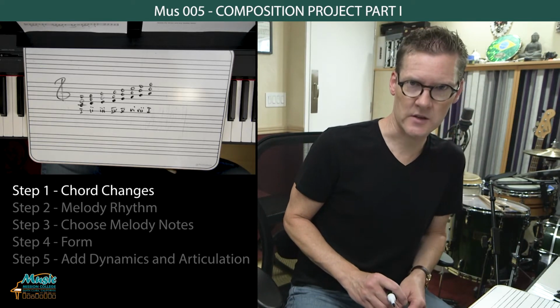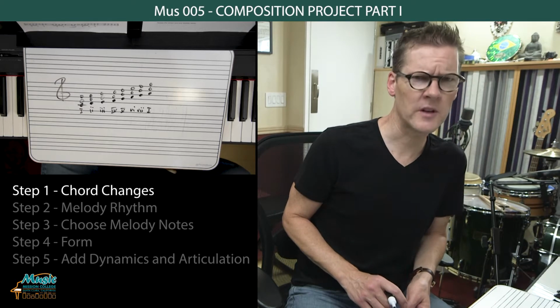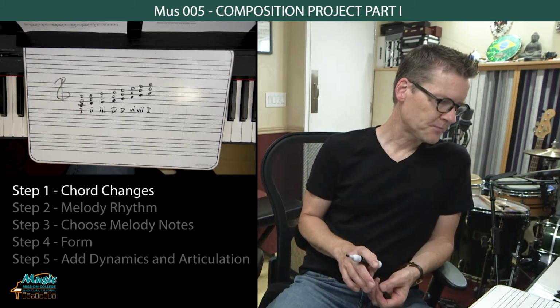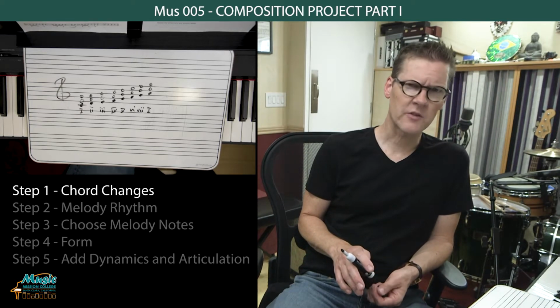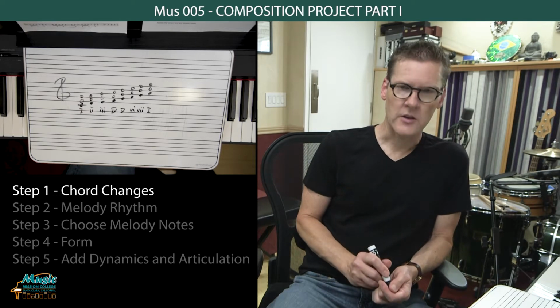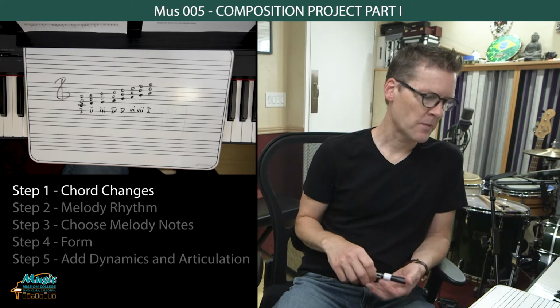Now, you might notice that some of these are written as uppercase Roman numerals and some as lowercase Roman numerals, and that's because each one of these chords is a different chord type. In our discussion of harmony, we have discussed 4 different chord types: major, minor, diminished, and augmented.